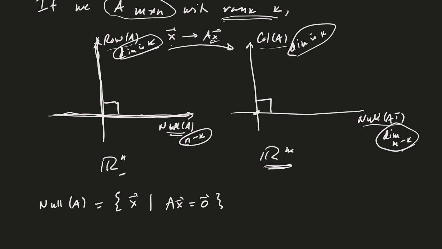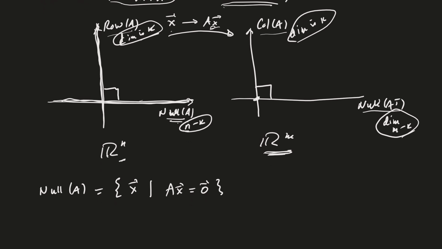Good. Now, what about the four fundamental subspaces tells you that a matrix A is invertible? When would the matrix A be invertible?